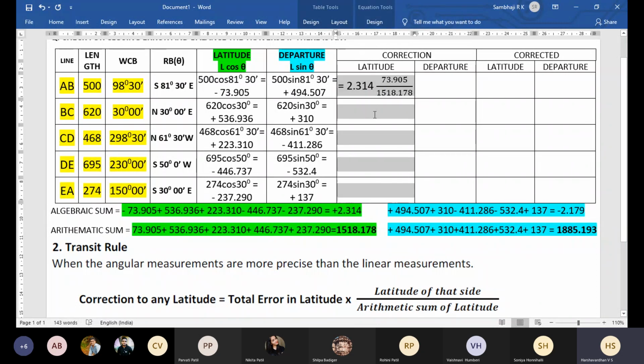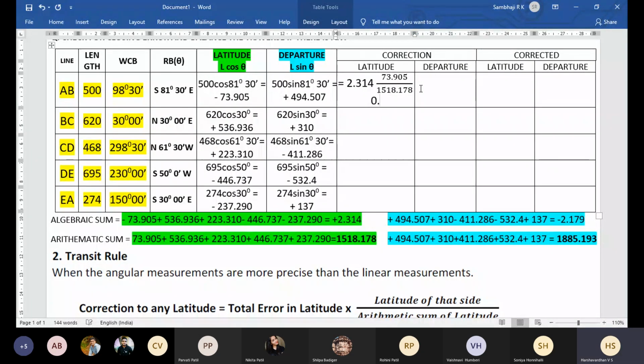Calculate and tell me the value. 0.1126, sir.